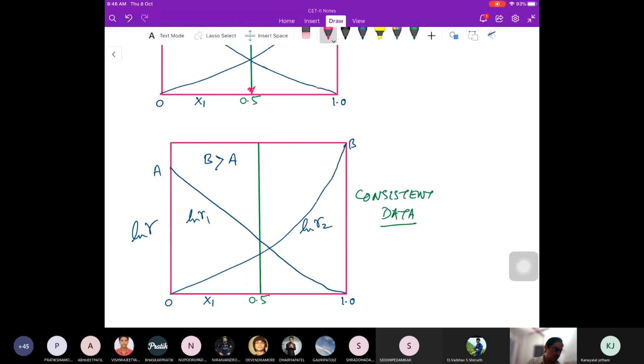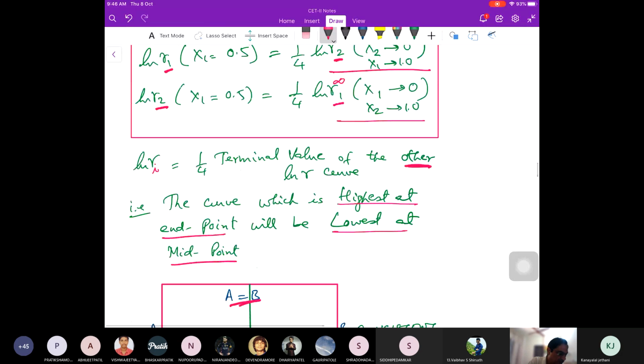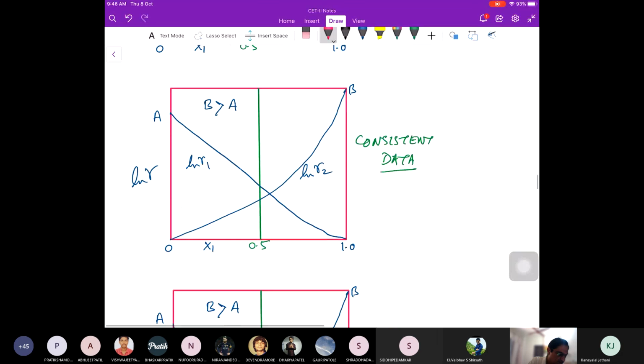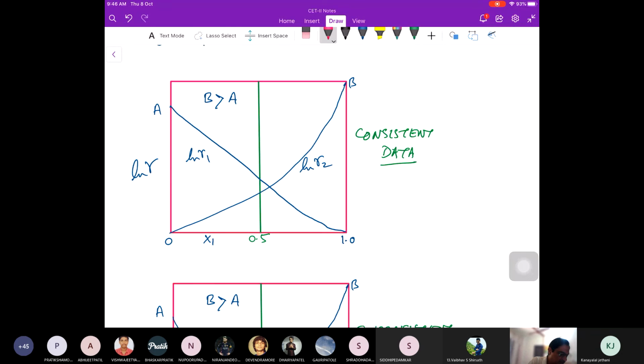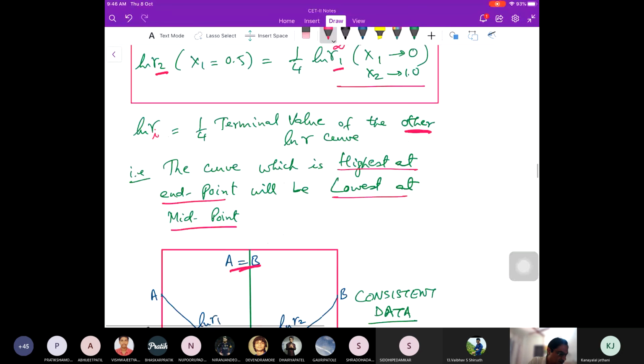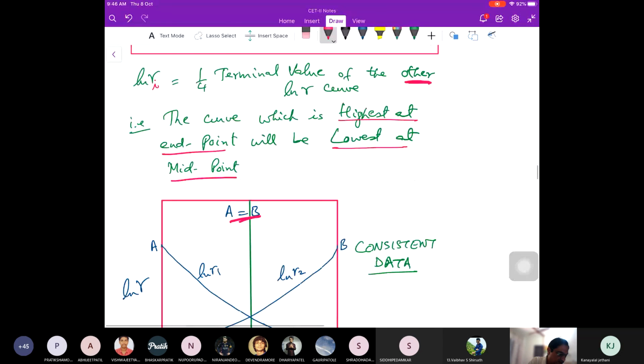Okay. So in other cases, what will happen is when you say ln gamma 2 equal to 0.5, so if I look at this one, ln gamma 1 at 0.5 and ln gamma 2 at infinite dilution.